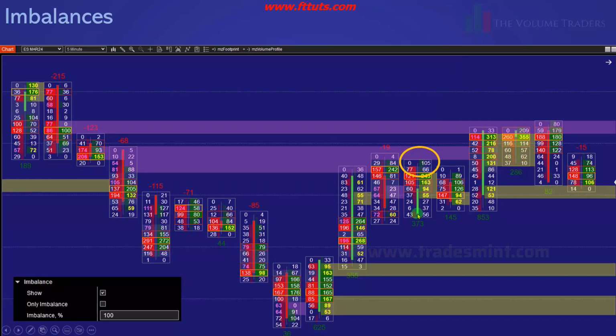I'm not sure, I just stopped focusing on this. Also, too much knowledge is no knowledge. So I just removed this from my entry criteria. I have no interest in whether there's a finished or unfinished auction. I don't care about this.